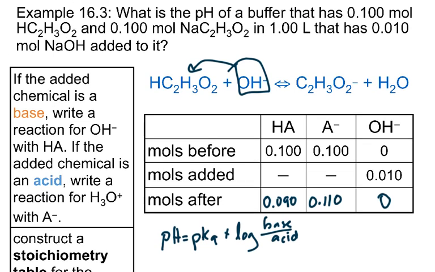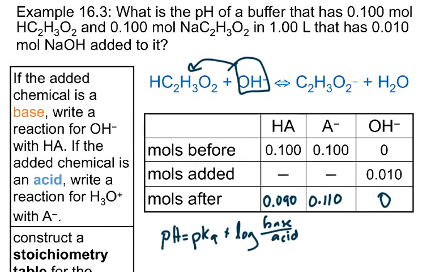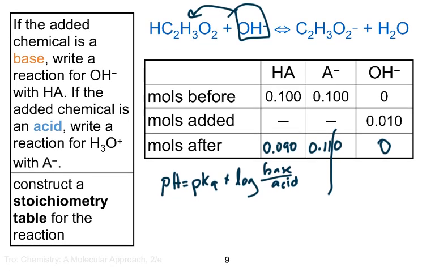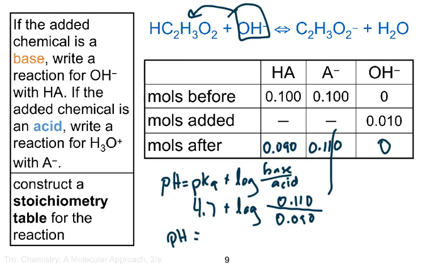We need to know our pKa of acetic acid, which I think we had a couple slides back, or you can look it up in a table. So the pKa of acetic acid is 4.7 plus the log. Now we have 0.110 moles of base, 0.090 moles of acid, and so our new pH is now 4.79.